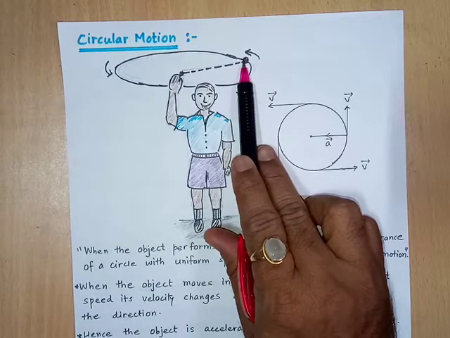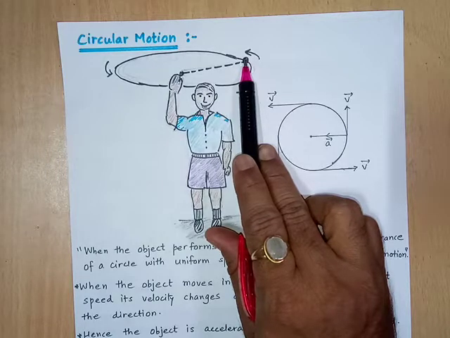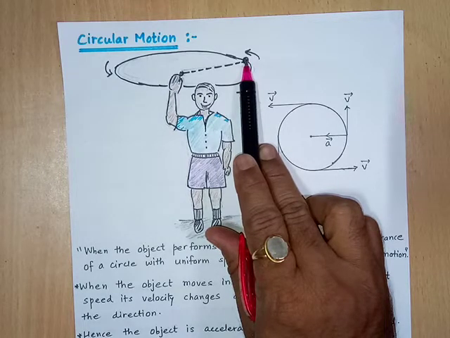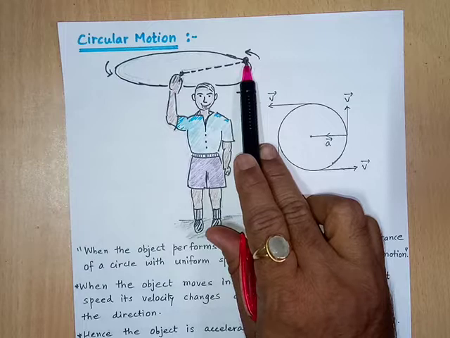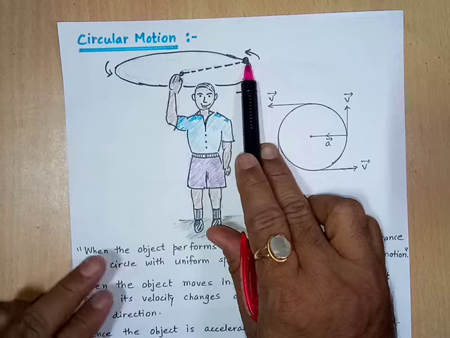Or suppose if you consider the satellite which is revolving around the earth, then the path of the satellite is also along a circle, that is the path traced by that particular satellite is nothing but the circumference of the circle.